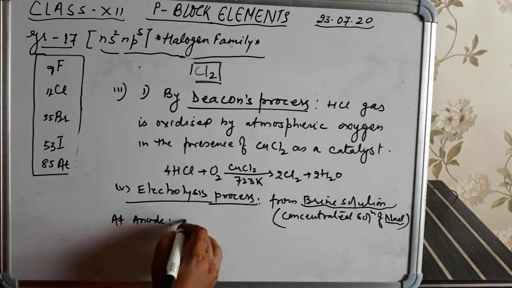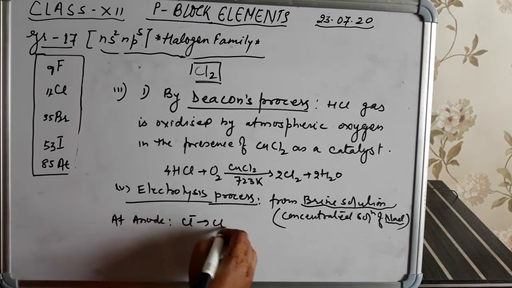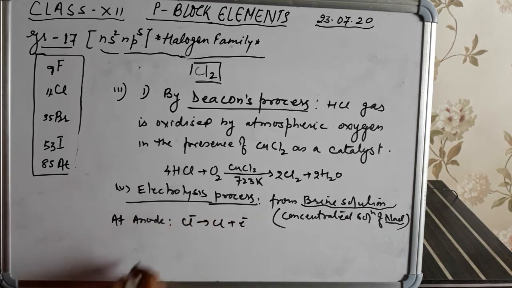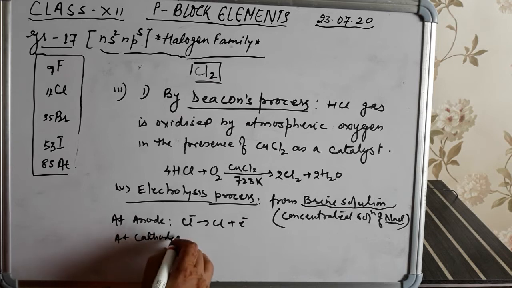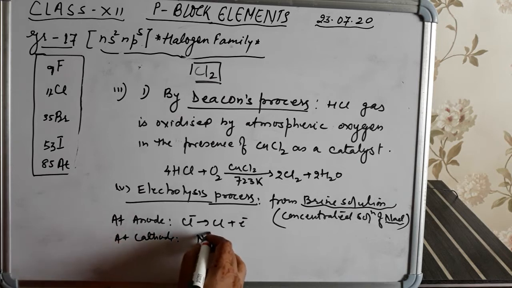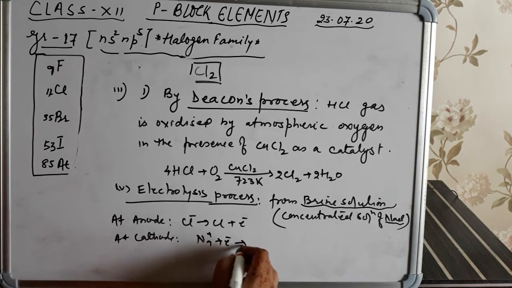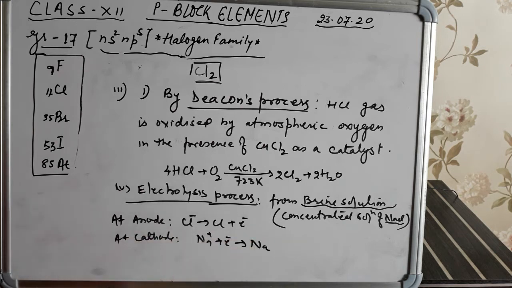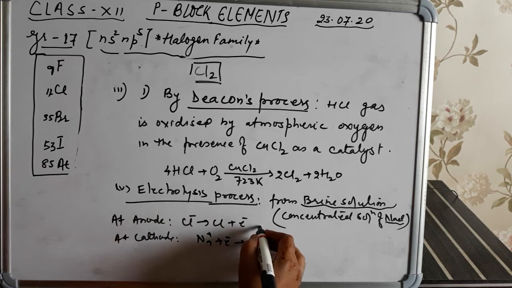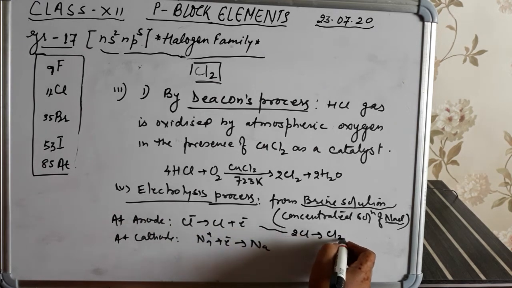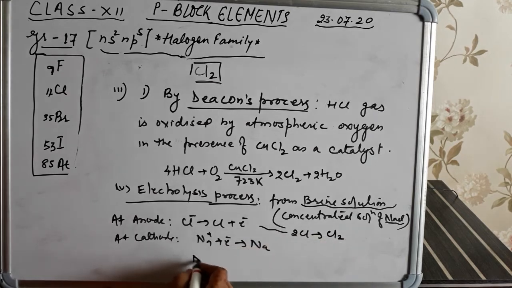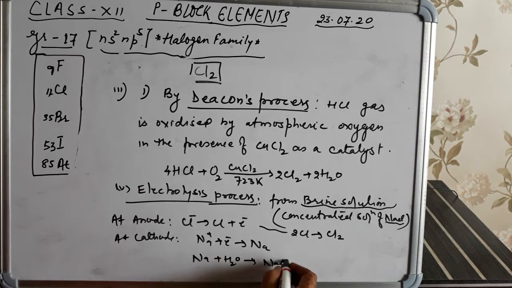At the anode, chloride ion gives chlorine by losing one electron. At the cathode, sodium ion takes this electron to get Na. So 2 chlorine atoms combine to form chlorine, and this Na reacts with water to form sodium hydroxide and H2 gas.